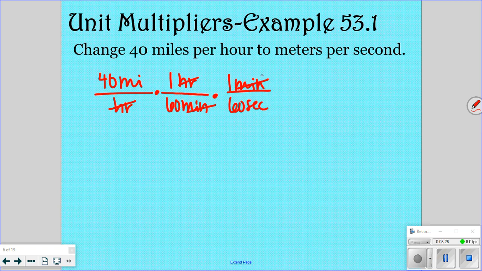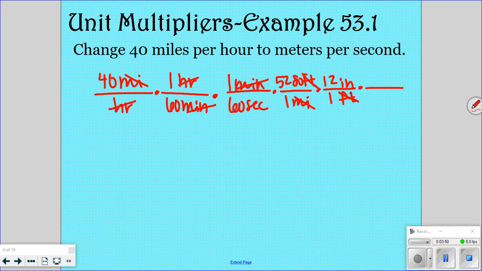Now we need to get miles into meters. So 1 mile is going to go in the denominator so that the miles will cancel. And there are 5,280 feet in 1 mile. Now we convert from feet, we can go to inches. So there are 12 inches in 1 foot. So now the feet cancel.